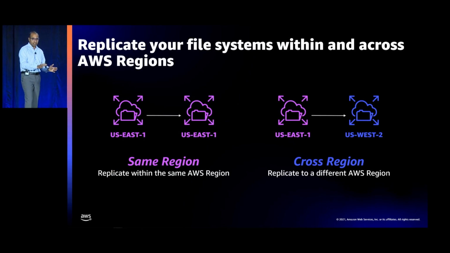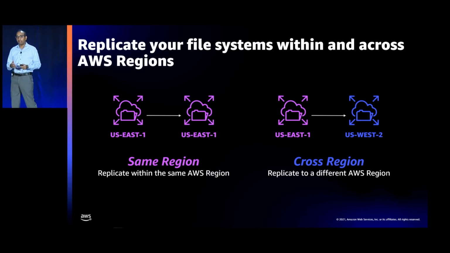So depending on your business needs, you can use EFS Replication to replicate your file system within the same region or across into a different region. So as an example, you can replicate your EFS One Zone file system, let's say from AZ1 or AZ A to AZ B within US East 1 region.